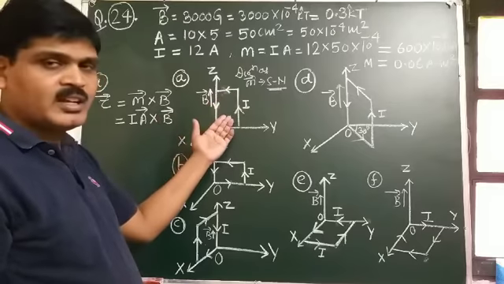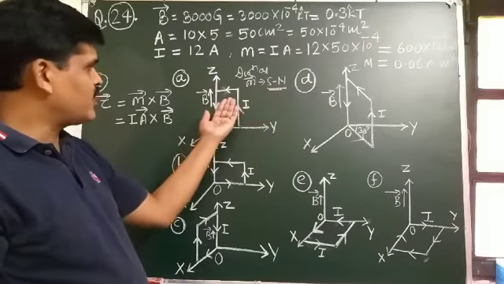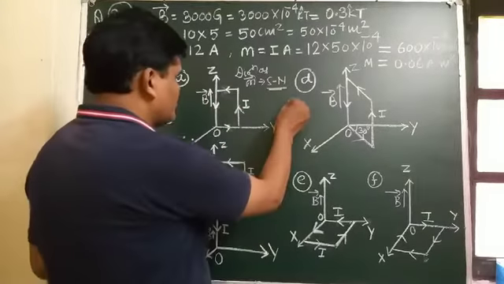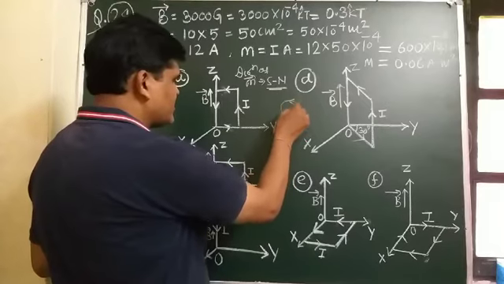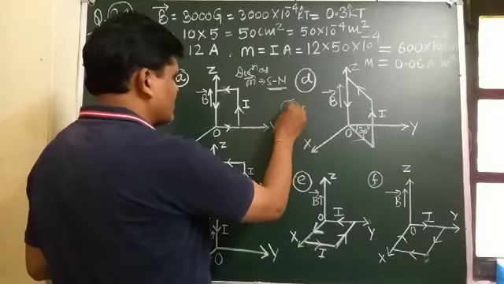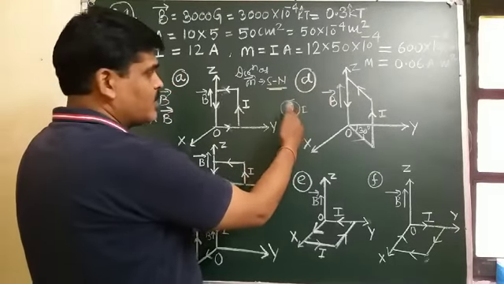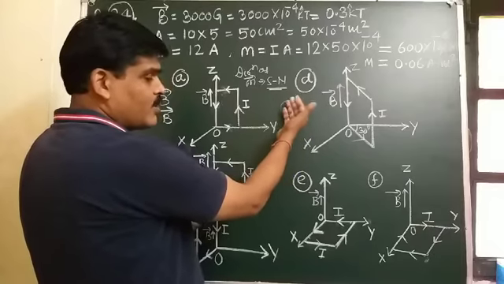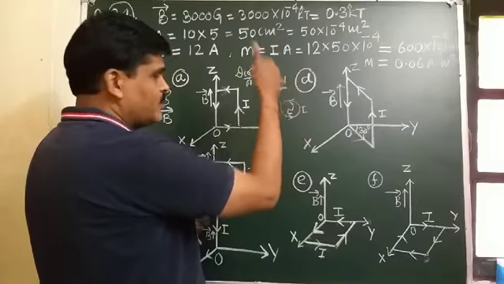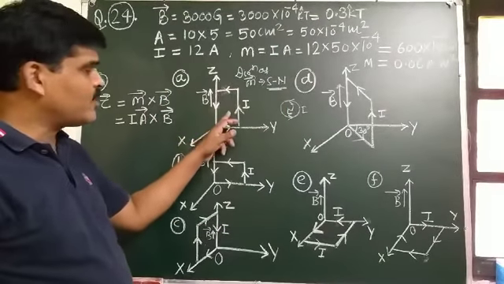Current is flowing in anti-clockwise direction, so the direction of magnetic moment is from south to north. Also, you know that if current is flowing in a circular loop in anti-clockwise direction, this face is north. So the direction is perpendicular to this plane, outward. So in this way, what is the direction in this case?